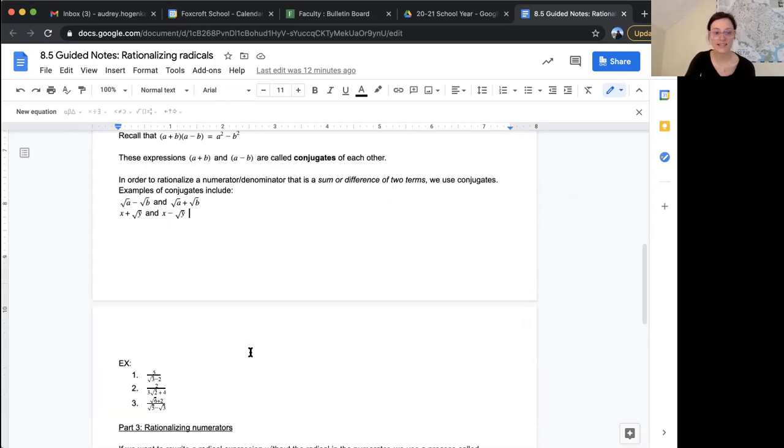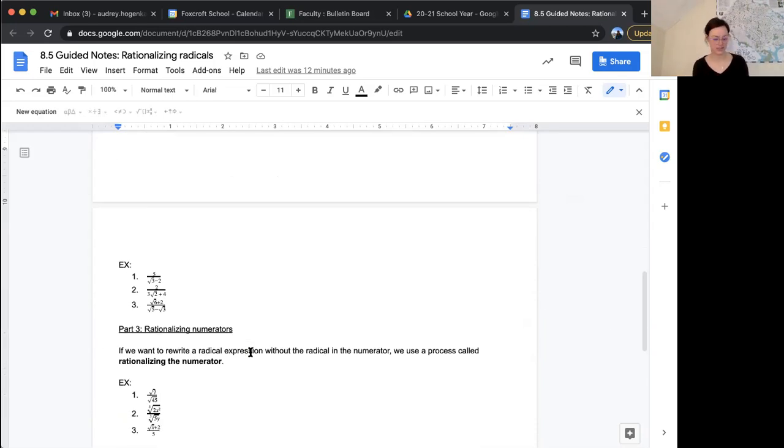Okay, and this is the key to rationalizing expressions that have more than one term in our denominator. We use the conjugate. So let's do an example. So we have 5 over square root of 3 minus 2. And in order to rationalize a denominator that has more than one term, we multiply by the conjugate.